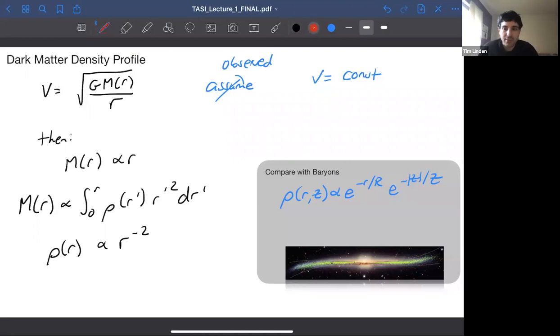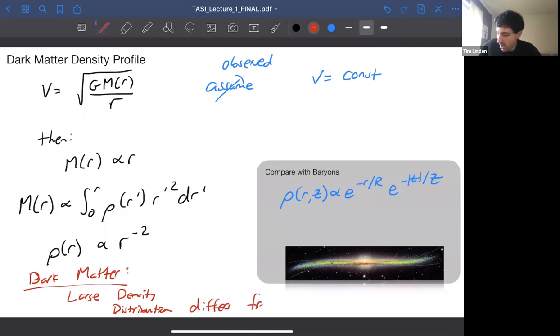So just from this observation of galaxies and rotation curves, we know that dark matter has a large density. And also, we know that that distribution differs from stars. Right, so it is something new that we have to deal with.